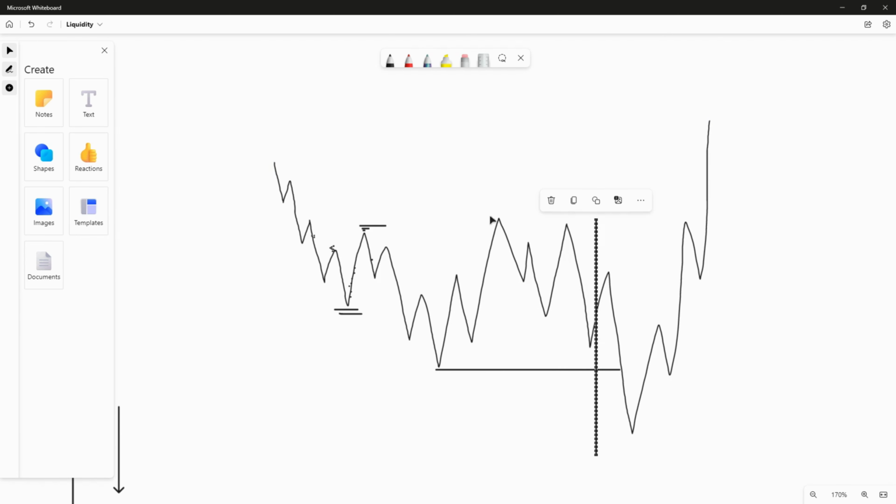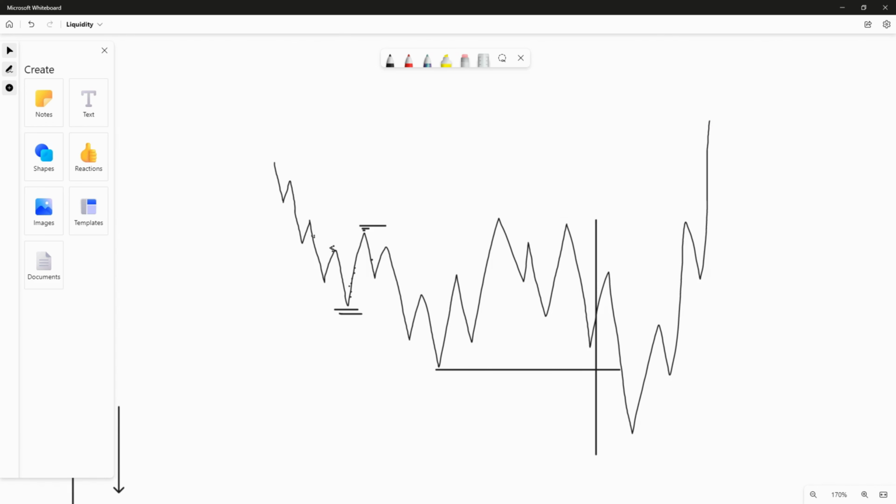Now, if they bought here, then for them to exit their positions, they have to sell. And so that's why these are sell stops. Now, if I wanted to buy, the best time for me to buy would be to buy from a seller. Why? Because a seller is going to offer me the best price to buy.